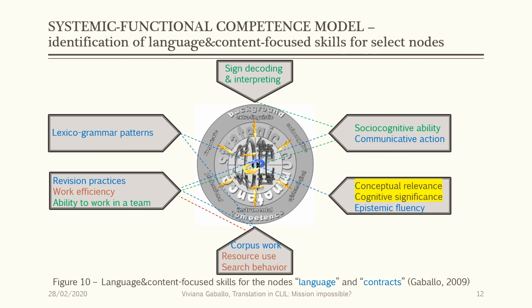Lexicogrammar patterns such as collocations, colligation, semantic preference, and semantic prosody, or the study of modalities, are examined and compared by working on LSP comparable or parallel corpora that students learn to investigate in order to complete their translation tasks, which they will revise individually, in small groups, and in the larger class group, according to professional standards.